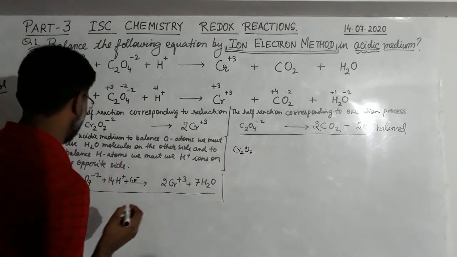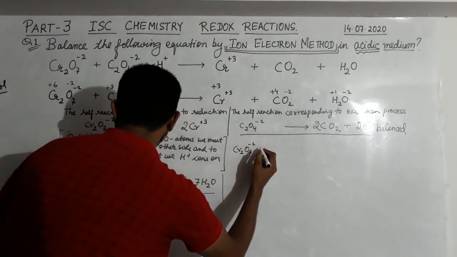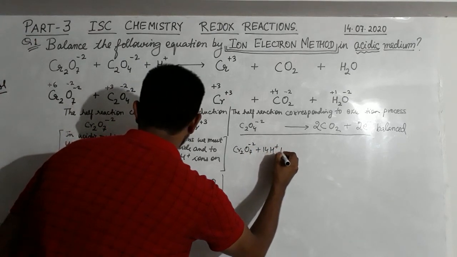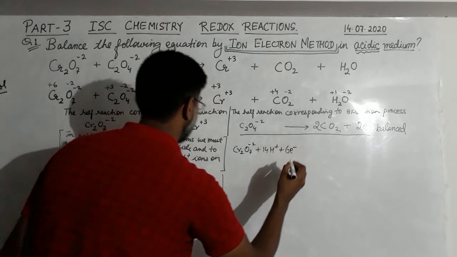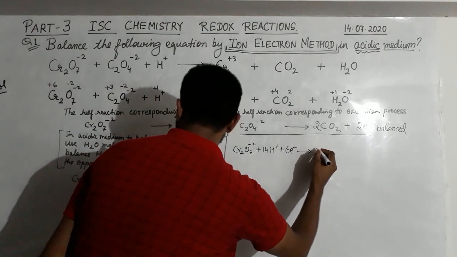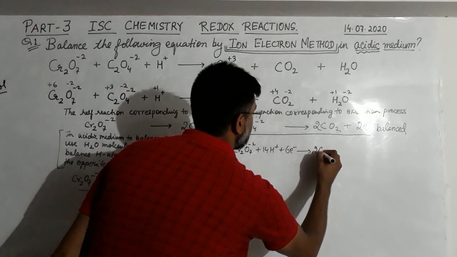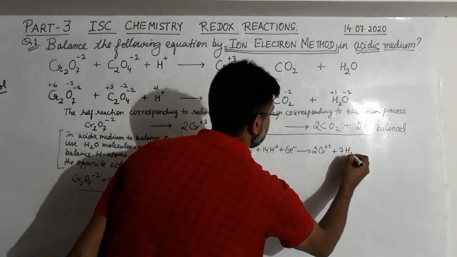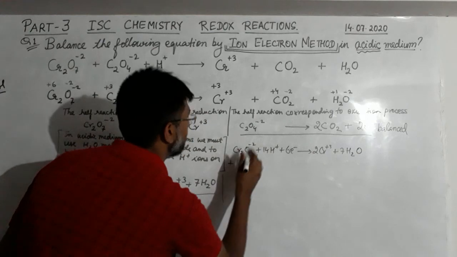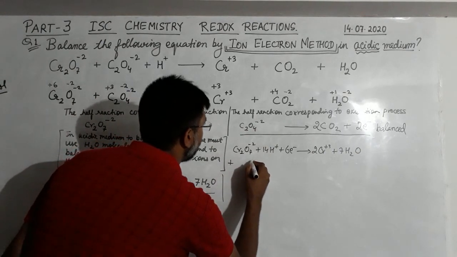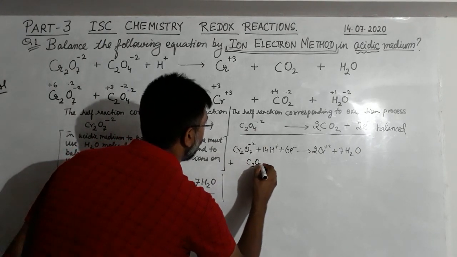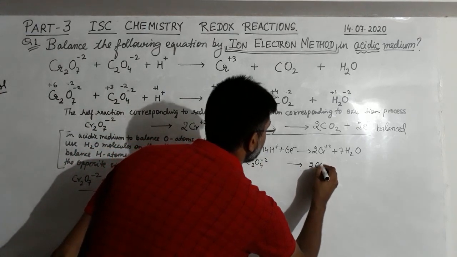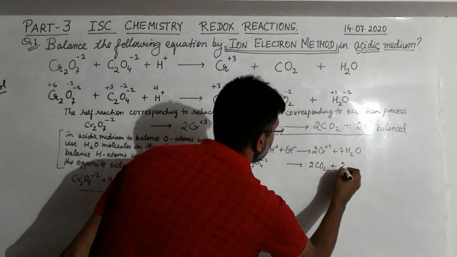Cr2O7 minus 2 plus 14H plus 6 electrons, arrow, 2Cr plus 3 plus 7H2O, plus this one I have to add. I'll write over here C2O4 minus 2, arrow, twice CO2 plus 2 electrons.